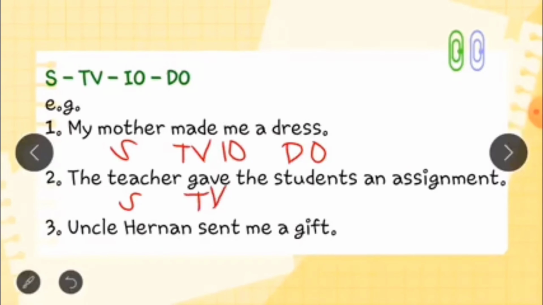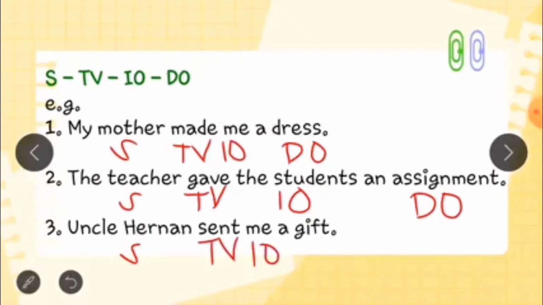The students is the indirect object, while assignment is the direct object. Uncle Hernan sent me a gift. Uncle Hernan, subject. Sent, transitive verb. Me, indirect object. Gift, direct object.